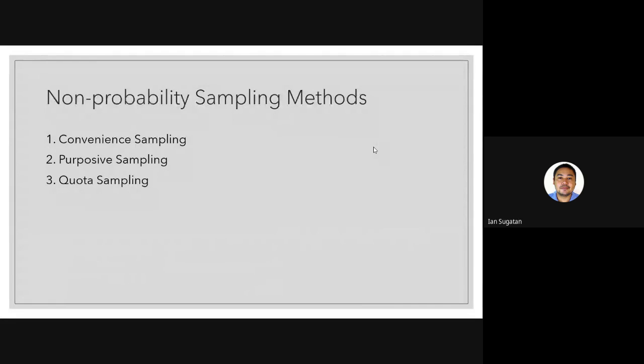So, for example, for convenient sampling, you put there how you will do the convenient sampling in the barangay, in your title. For purposive sampling, how will you apply purposive sampling in your title. And then quota sampling, the same as the two. So there you can form the idea based on the title of your study. And then whichever you can do, purposive sampling, convenience, or quota.